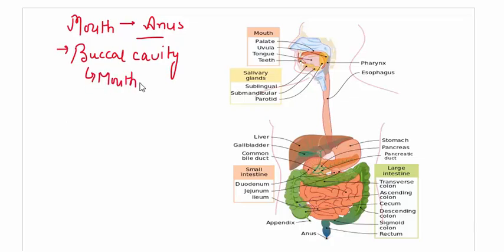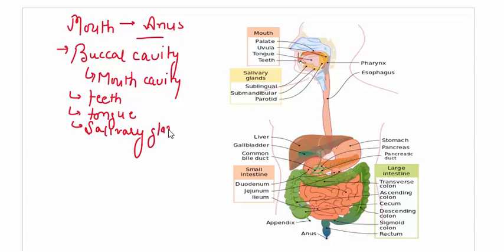In the mouth cavity, teeth are present, along with the tongue, and the salivary glands are also present.